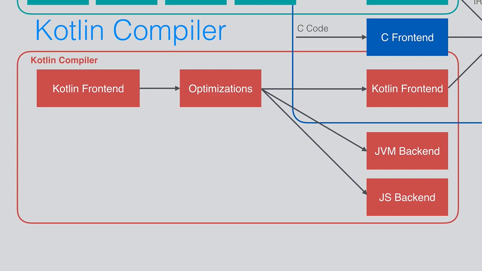JVM was the original backend, which outputs Java bytecode. JS outputs JavaScript, and then it's titled as Kotlin Frontend on the top right over here because in the LLVM compiler's view it is a front end, but to the Kotlin compiler it's a back end.